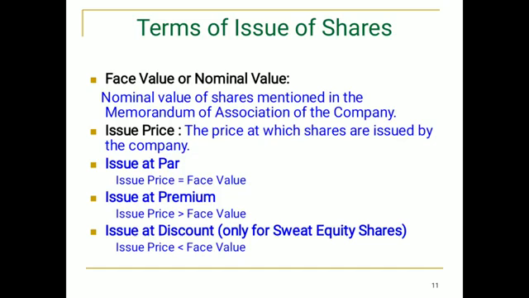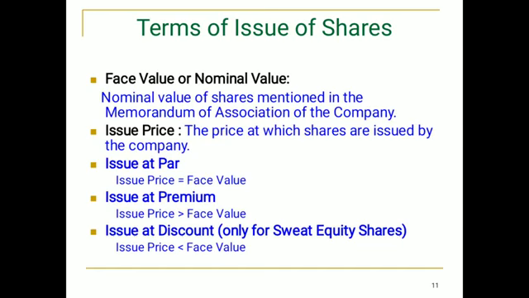An issue at discount is only for sweat equity shares. This is not in the syllabus, so there's no need to go into detail with that. You are supposed to deal with the first 2 points. I repeat, issue at par is the issue of shares at face value.